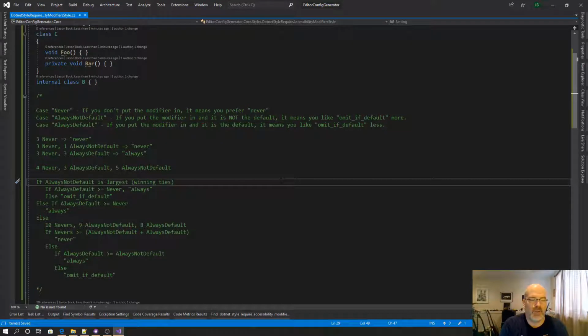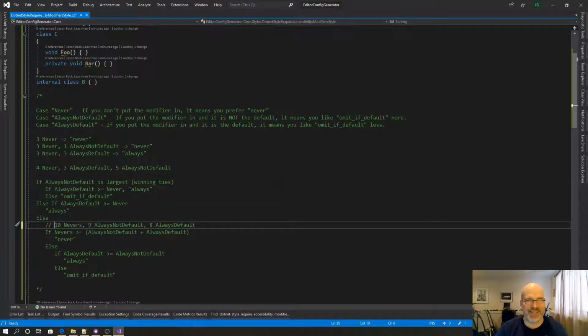If always not default wins, but you had nevers more than default, means you're trying to omit if default. If you always put it in, and it is a default, and that's over never, then we're just going to say always. Otherwise, you had more nevers than default.